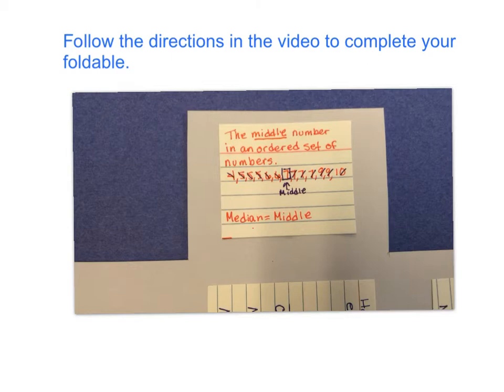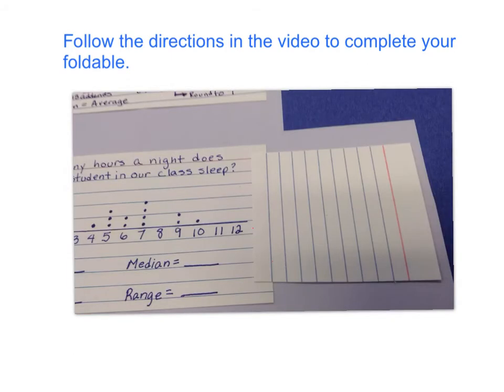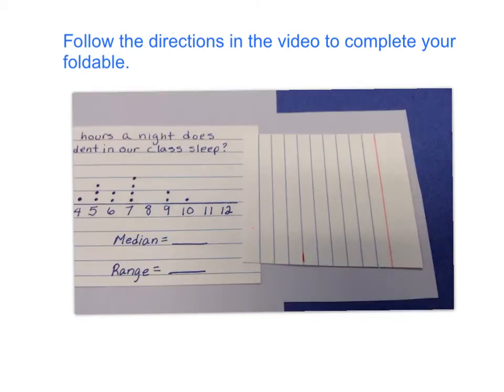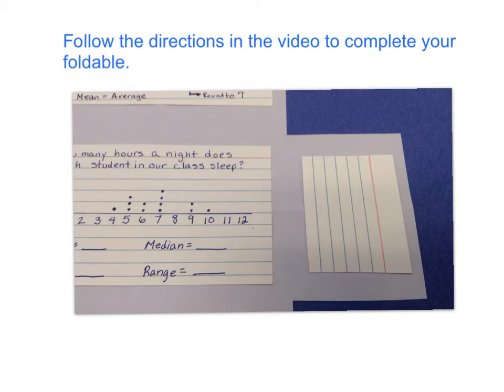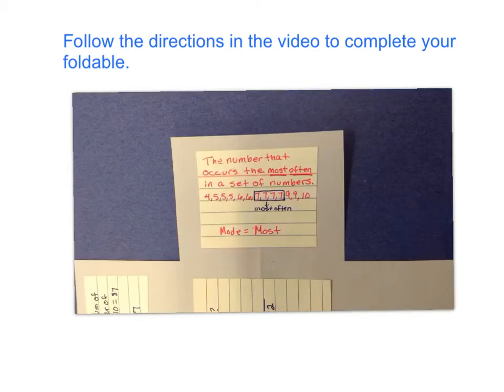On the right-hand side, we're going to do the same thing. We're going to trim our little index card so that it is short enough so that our flap will fold. And then we're going to write some information on there. And that is for the mode. The mode is the number that occurs the most often in a set of numbers.